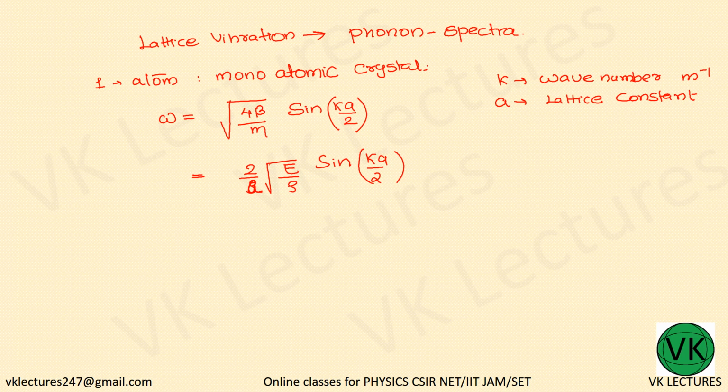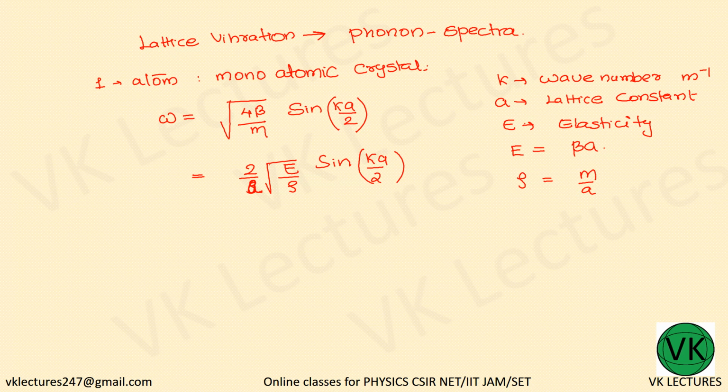Then we have E, which is elasticity. E is given by beta times a, and rho is equal to m by a.